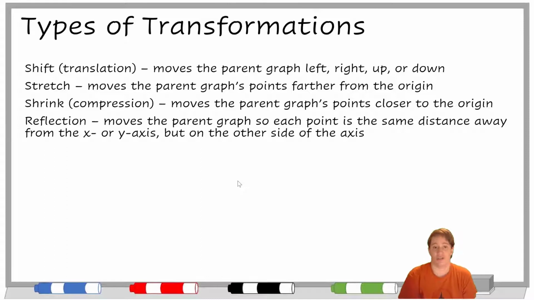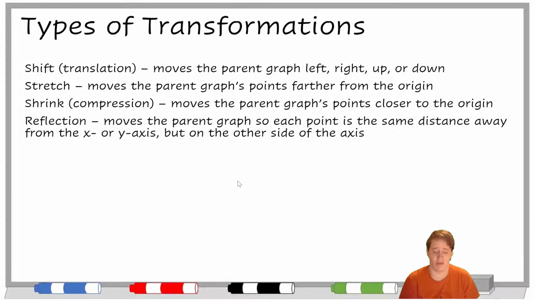Technically, we can stretch or shrink both vertically and or horizontally, which is one of the things that makes all of this complicated. So we'll try to work our way into that a little bit. What we saw in 9.1 was vertically stretching or shrinking, that whenever we multiply the x squared by a number in front, it either makes it go up faster or it makes it go up slower. So it brings the points closer to the vertex.